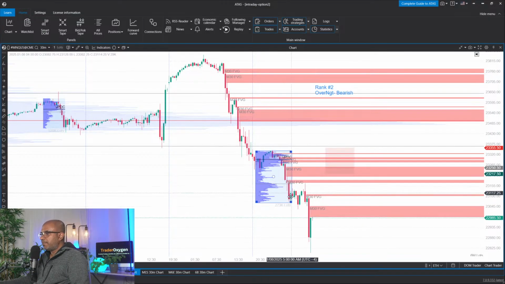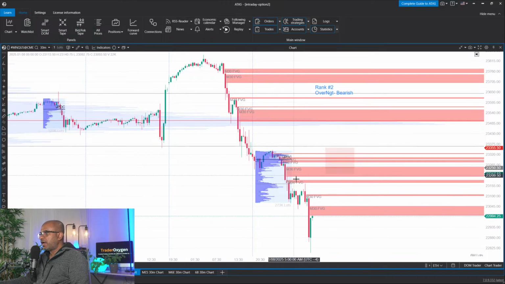So basically what happened in this chart is, by the time we took the trade in the GBP futures, the NQ was in this area.